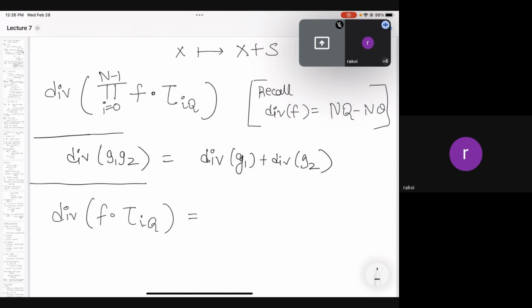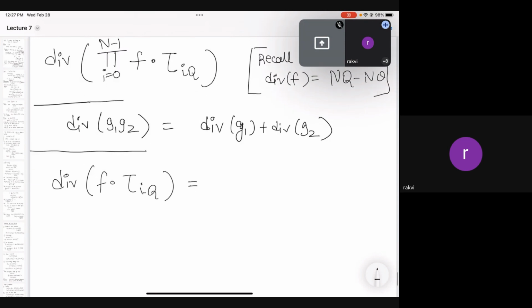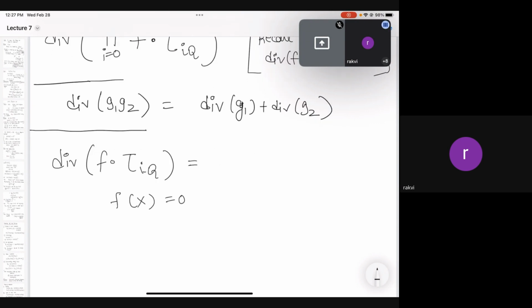So it takes just a minute to see this, but if my f has 0 at a certain point, let's say f of x is 0, and then I want to ask what are the zeros of this composition.